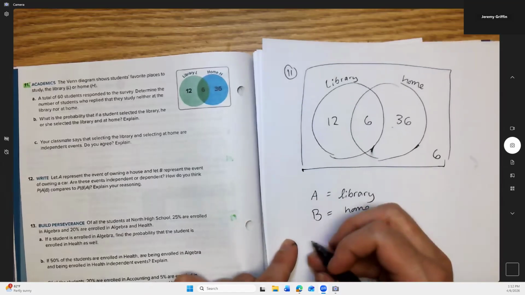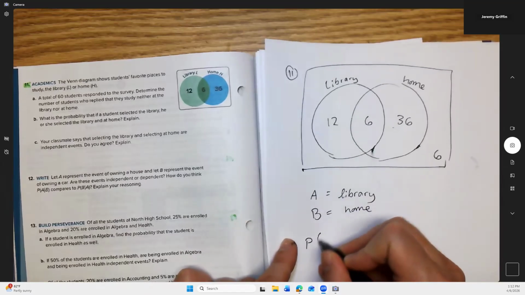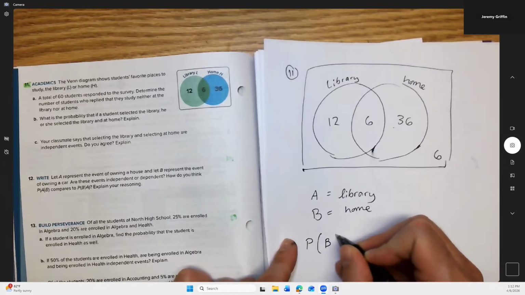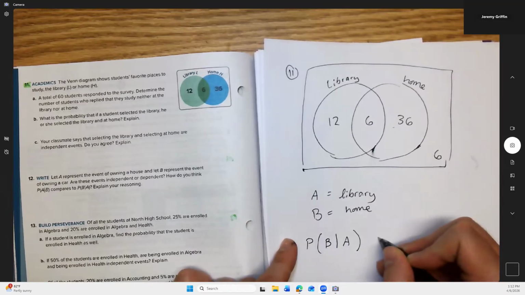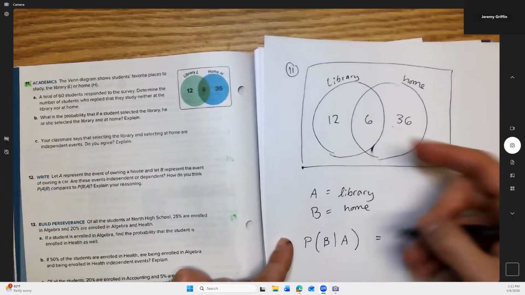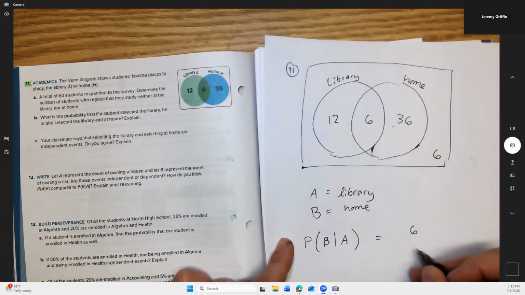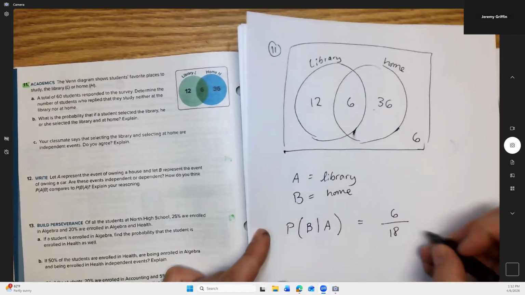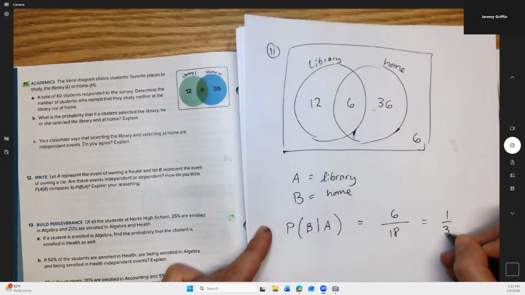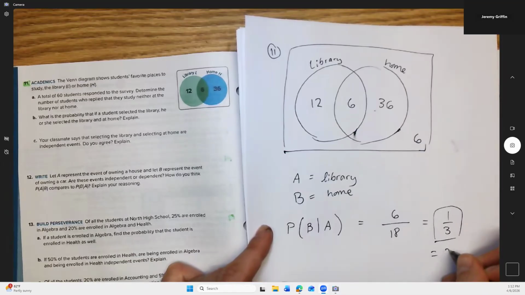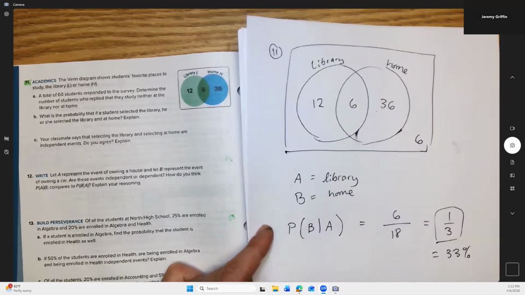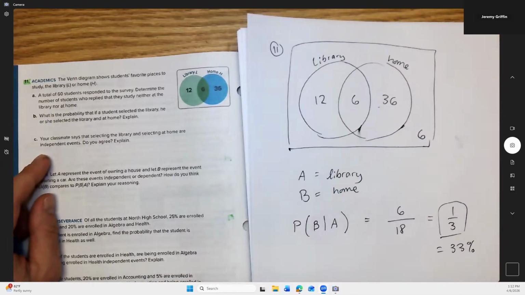So we want to know the probability of studying at home given that you study at the library. It looks like there are 6 students who do both out of 18 students that study at the library in general. I think that reduces to 1 in 3, doesn't it? Or 33%.